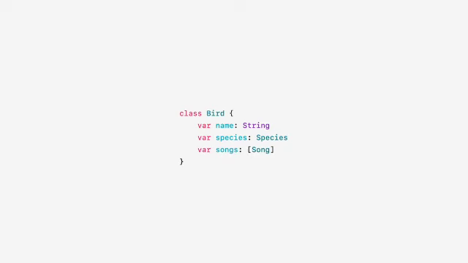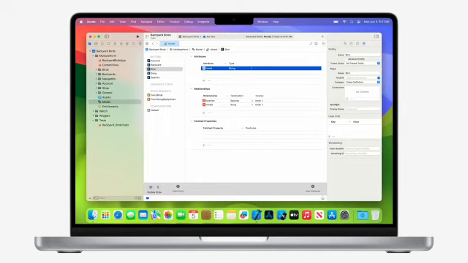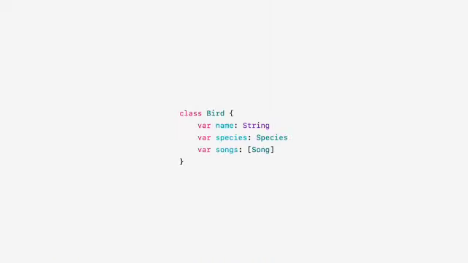Like SwiftUI, it focuses entirely on code, with no external file formats. Instead, it uses Swift's new macro system to offer a streamlined API. If you were defining a model in Swift, you might write code like this, using regular Swift types. To manage this with Core Data, you'd then need to redefine the same model using the model editor built into Xcode. But with SwiftData, you just annotate your class with the @Model macro.